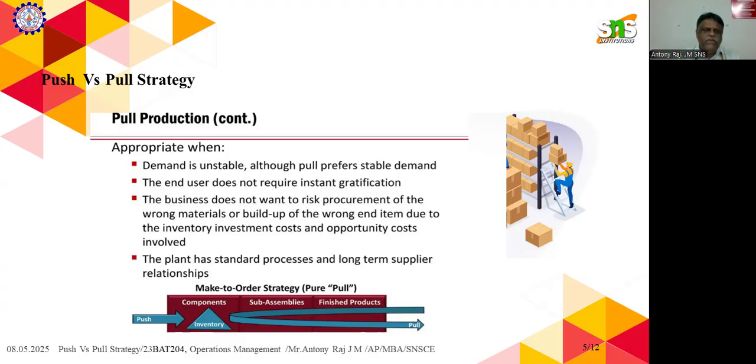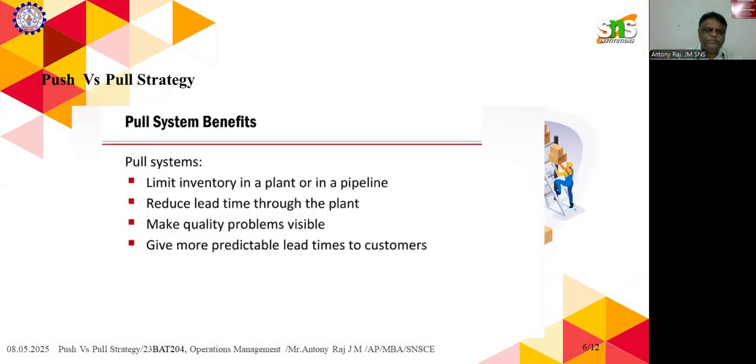And whenever you have a very clear long-term relationship with the suppliers, right? Because whenever the demand is unstable, your purchases will also vary, and the suppliers also have to be flexible to accommodate this. So you have to have very long-term supply relationships to ensure that pull production is successful. And as I already told you, these are some of the benefits of pull systems.